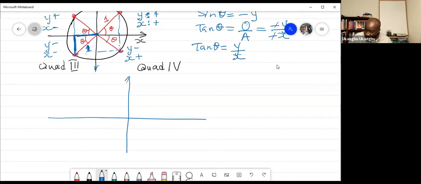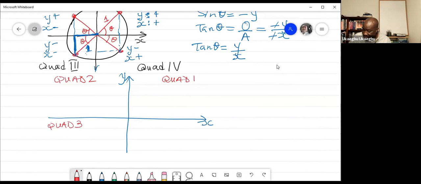This is always your y-axis, and this is always your x-axis. Write quad 1, quad 2, quad 3, and quad 4.